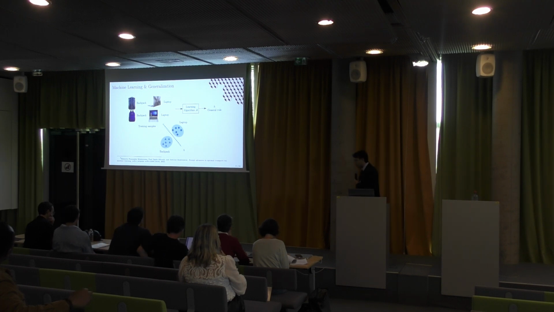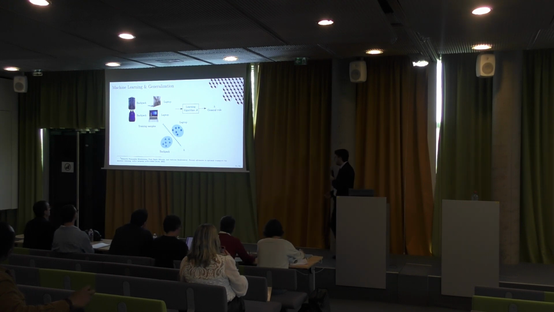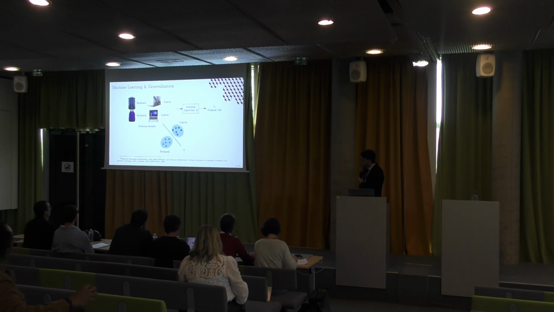In this case, for simplicity, I put them on the plane. If you do everything well, and you want to classify, for instance, 2 classes, here backpacks and laptops, these 2 different kinds of objects are mapped in different parts of the feature space. You see the triangles that represent the backpacks, the circles that represent the laptops, and your general rule is a function that separates these 2 classes.